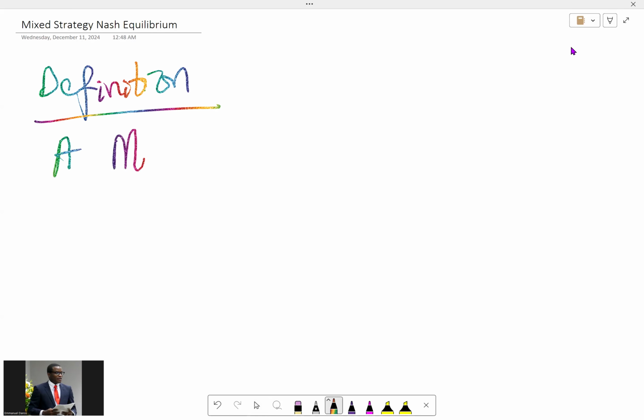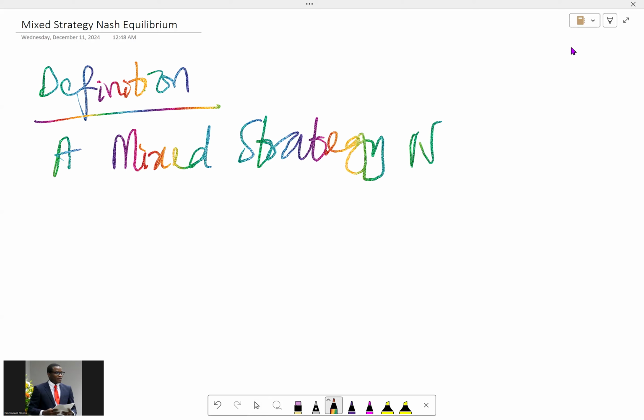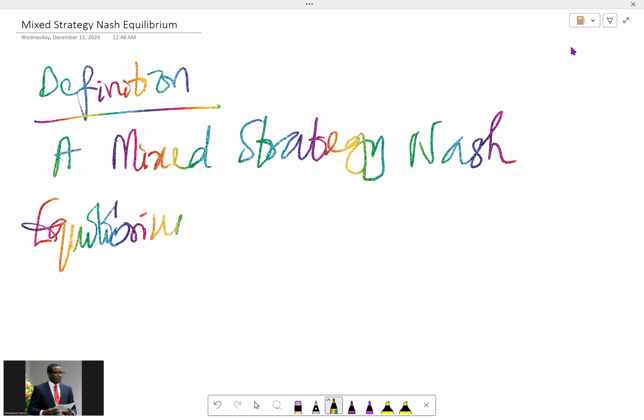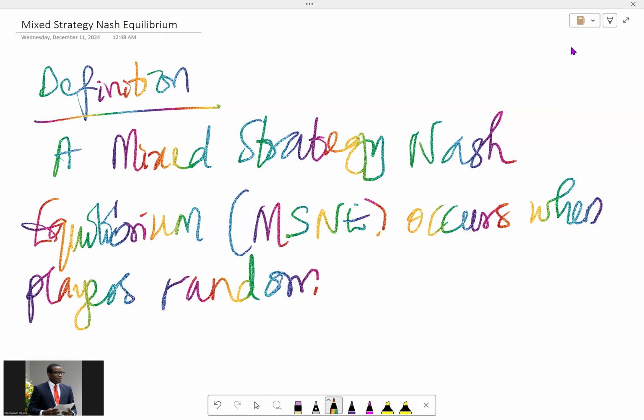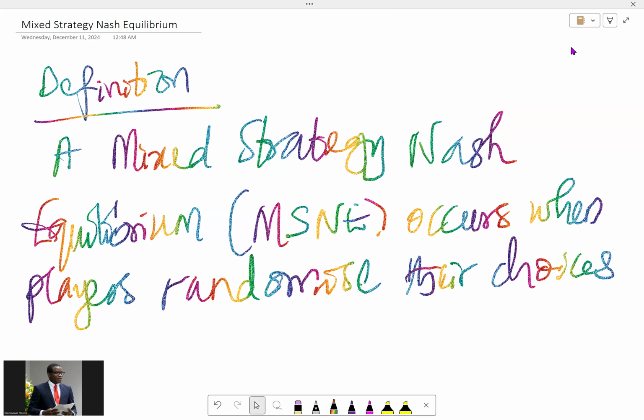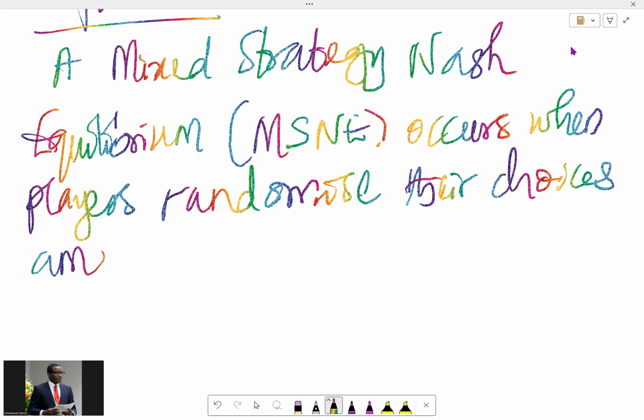A mixed strategy Nash equilibrium, which from now on we'll just call MSNE, occurs when players randomize their choices among available strategies.